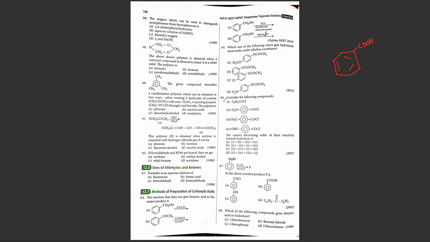Option C. So option C, what is it? Benzyl alcohol, in the presence of PCC.